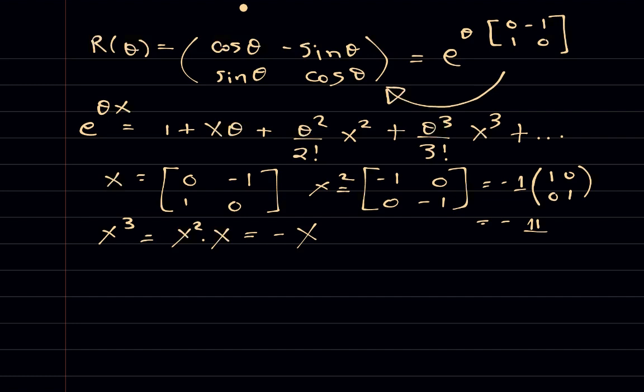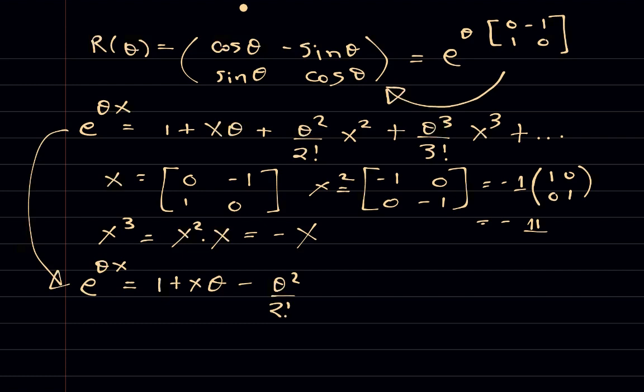So all these things, if you plug it in, what happens? It happens that e to the power theta X turns out to be 1 plus X theta. Square is negative, so minus theta square by 2 factorial.